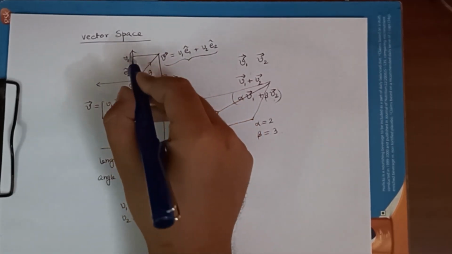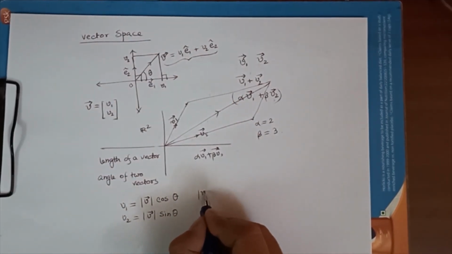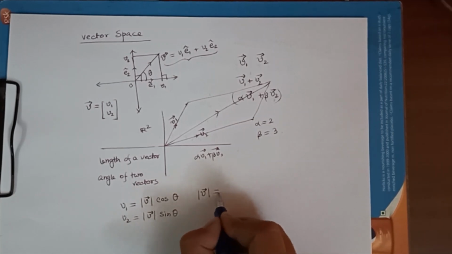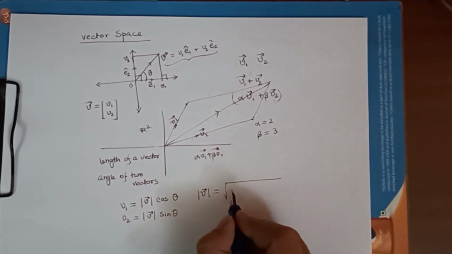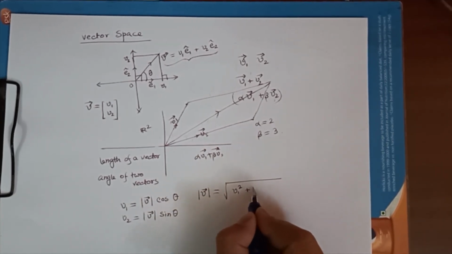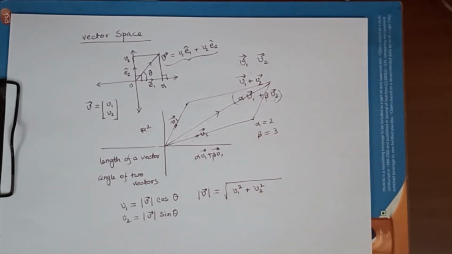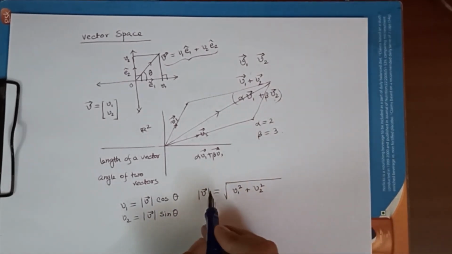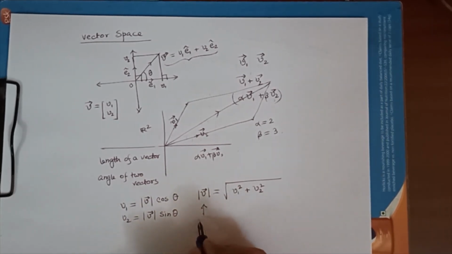So the length of v will be equal to the square root of v1 squared plus v2 squared. Pythagoras theorem. By this we can compute the length of any vector. There is another name for the length, which will be called norm later on.